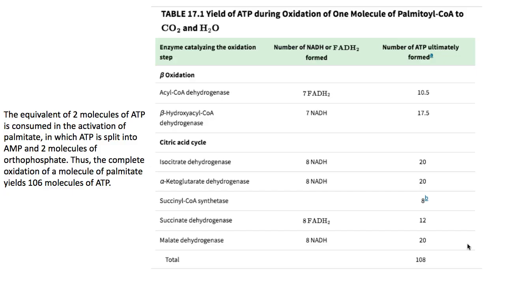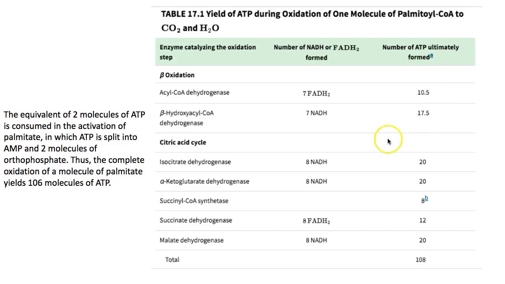As far as how much ATP we are getting from this one molecule of palmitoyl coenzyme A, what we did discuss was you'll see 10.5 plus 17.5 as 28 ATP.